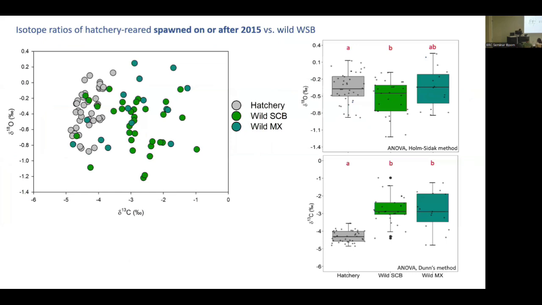So now here I'm comparing the hatchery data, all the stages in gray, and now I'm adding the wild fish from Southern California and Mexico. And with this, if we just look at the oxygen, we can say the oxygen is not a good tracer to discriminate between groups, and you can see it here too, in the top chart.